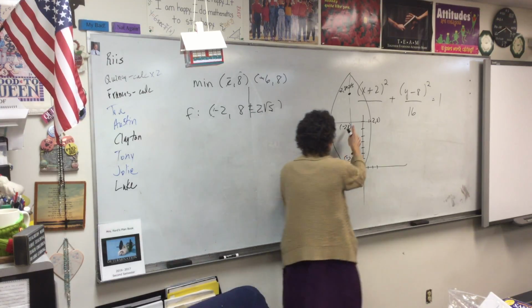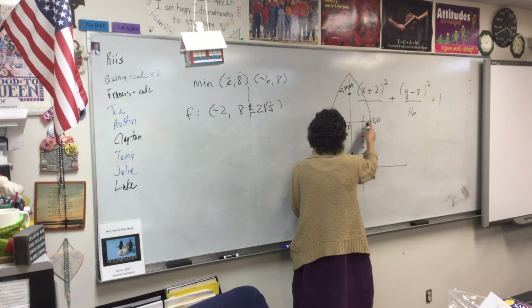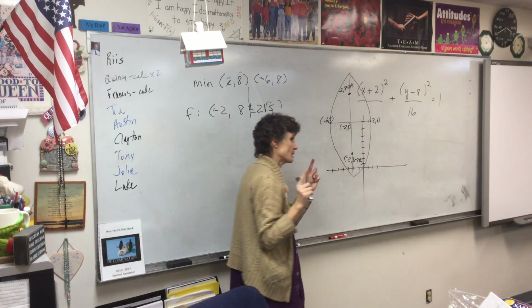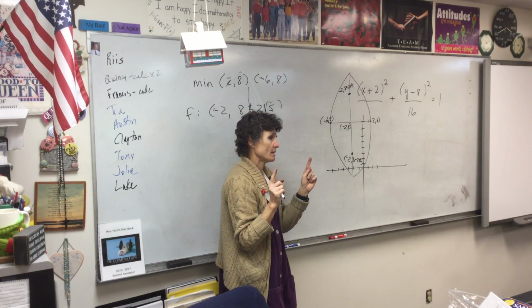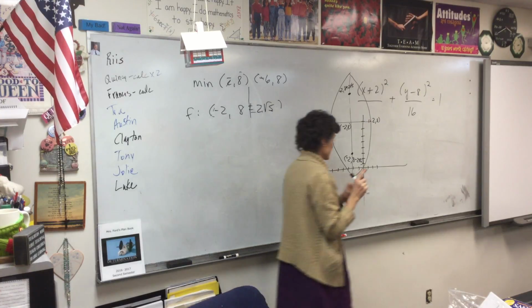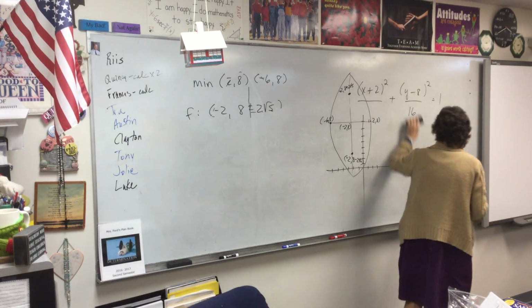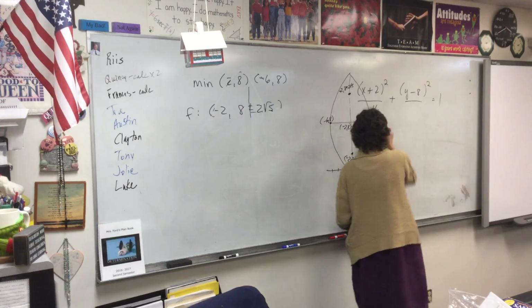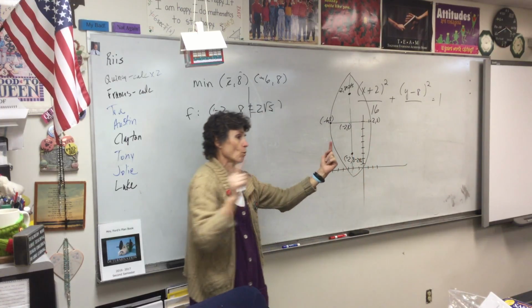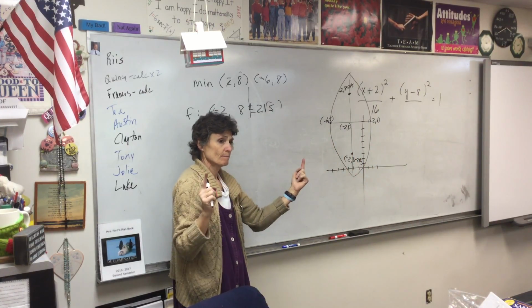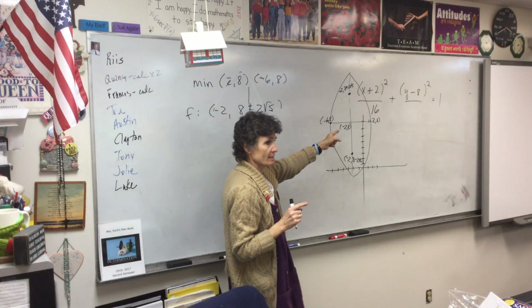If I'm going 4 units left and right, where should that 16 be? Under x. That's the x radius. My x radius is 4. I'm going 4 units in the x direction, which means under x is 16.